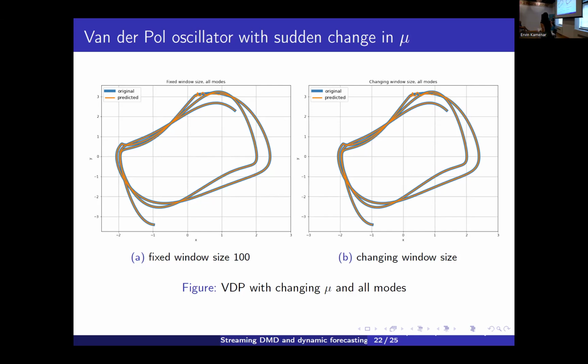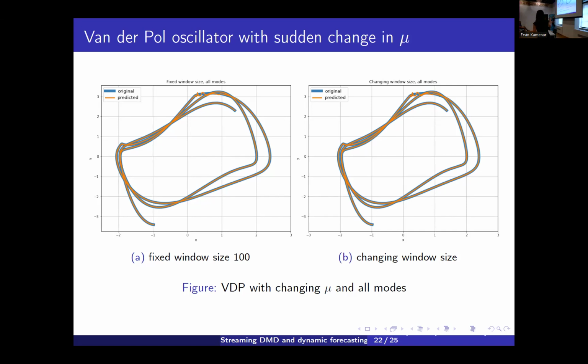So here, if we would get big errors 10 times in a row, then we would say, okay, something has changed in the dynamics, cut off a lot of the old data and just keep more of the fresh ones. So here, this is just prediction 1 moment ahead with a bit more complicated van der Pol.